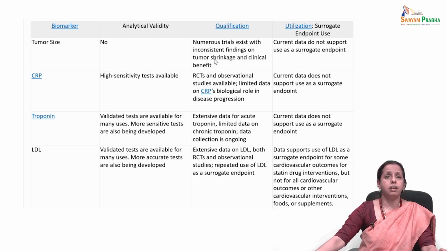No, but there are clinical trials which qualify it, even though they are inconsistent, on tumor shrinkage and clinical benefit. So current data do not support its use as a surrogate endpoint. Then your C-reactive protein, where many high sensitivity tests are available, and RCTs and observational studies are available.